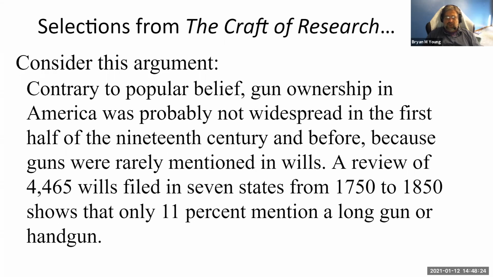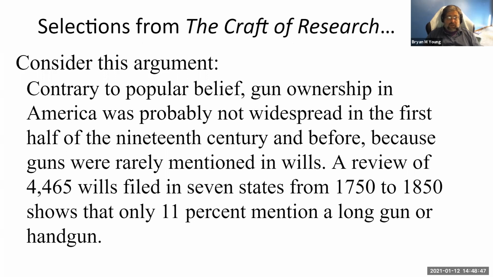Contrary to popular belief, gun ownership in America was probably not widespread in the first half of the 19th century and before because guns were rarely mentioned in wills. A review of almost 4,500 wills in 7 states from 1750 to 1850 shows only 11% of them mention a gun or handgun.